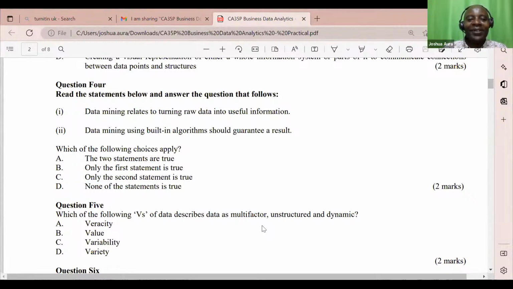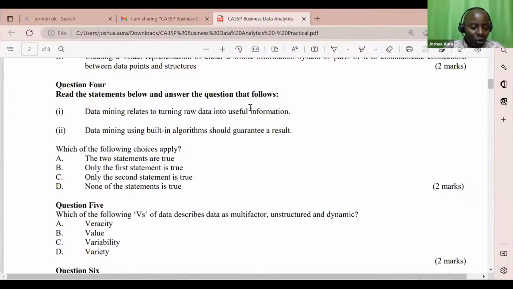Okay, so A, B, C. Now, ladies and gentlemen, the first one must be correct because of the definition. If you remember how we define data mining, it's all about extracting.